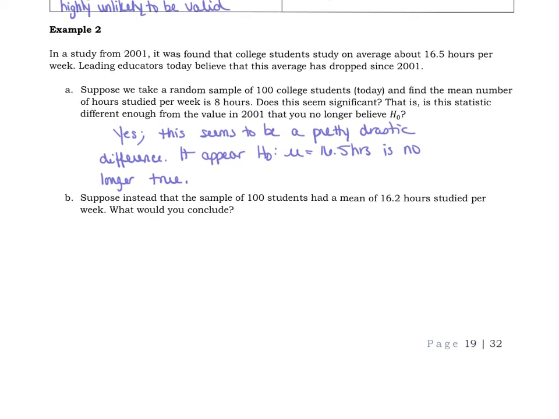But let's say instead, hypothetical situation, we took a sample of 100 and the average number of hours studied was 16.2 hours every week. What would you conclude? Well, from 16.5 to 16.2, you're not talking about that big of a difference. You're talking about a difference of literally 18 minutes. That's probably not a huge deal.